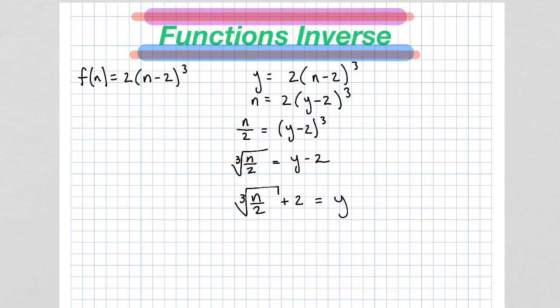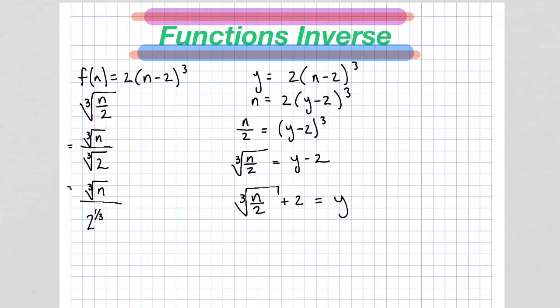Basically, I'm just going to take this portion of it and put that up here: the cube root of n over 2. That equals the cube root of n divided by the cube root of 2. That equals the cube root of n divided by 2 to the 1/3.